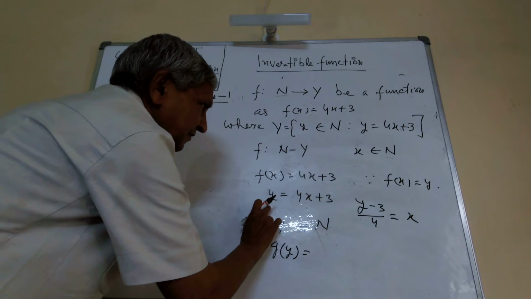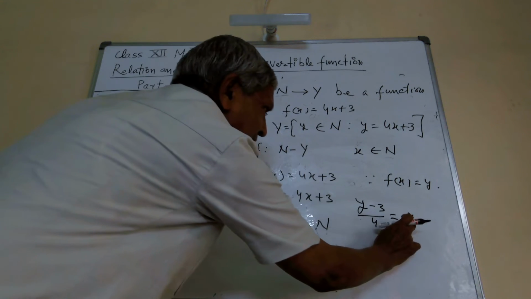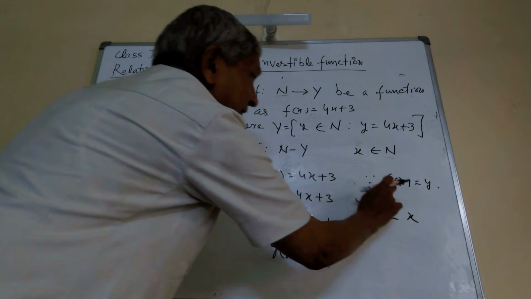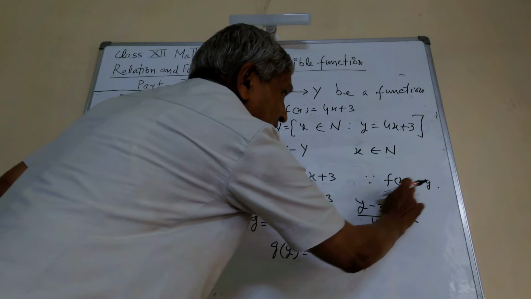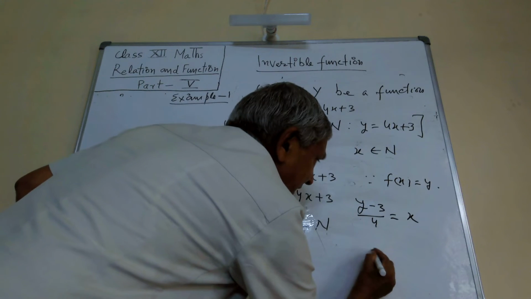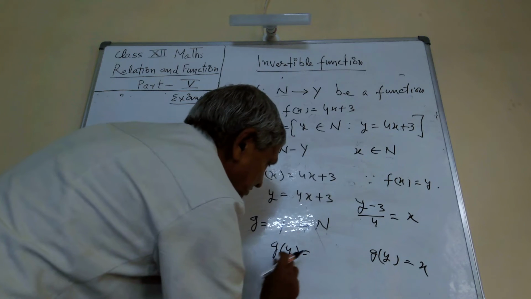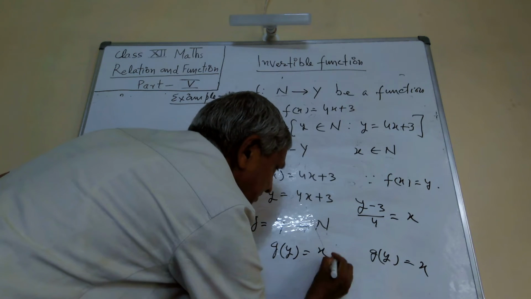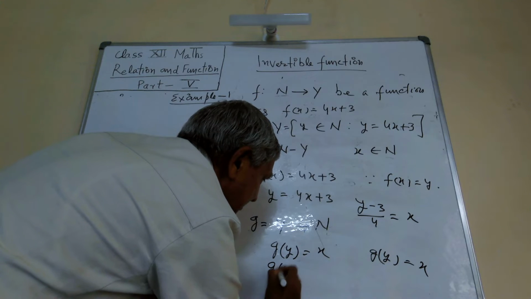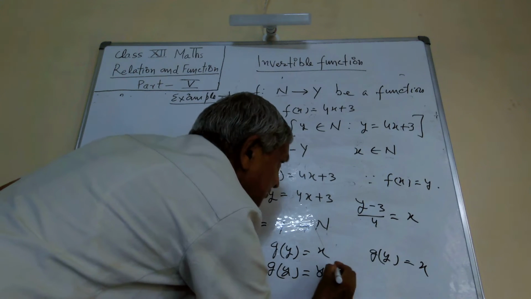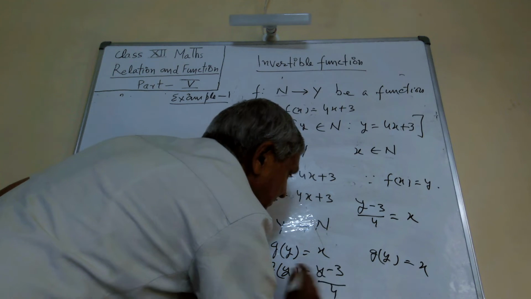From this the value of x is this, and here see, f(x) is equal to y and g(y) is equal to x. It means g(y) is equal to x, and what is the value of x? y minus 3 upon 4. This is the function.